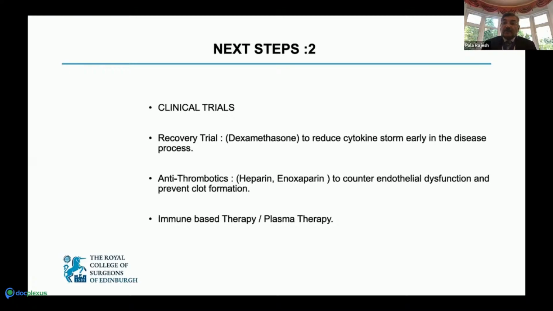We also started using antithrombotics, heparin and enoxaparin, to counter the endothelial dysfunction to prevent the clot formation. So now we had some idea as to what to do, is to introduce dexamethasone early in a subset of patients, to introduce antithrombotics, and also some of the stuff which is coming out by way of research with immune-based therapy and plasma therapy, but all of these patients were put in trials.